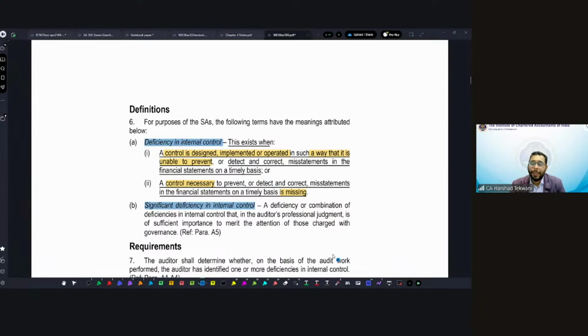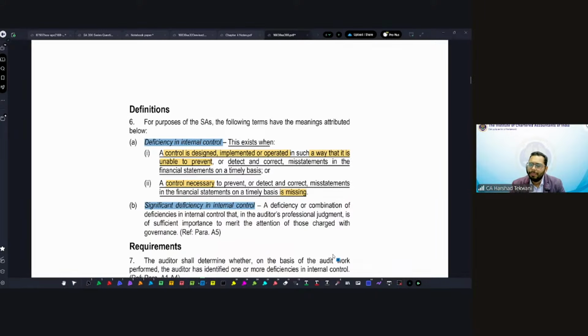Now a simple example: let's say there was an invoice of 1,000 rupees which somehow they missed in the three-way match. It was not matching, but somehow they matched it and processed it. A 1,000 rupee invoice in a company which has transactions in crores.